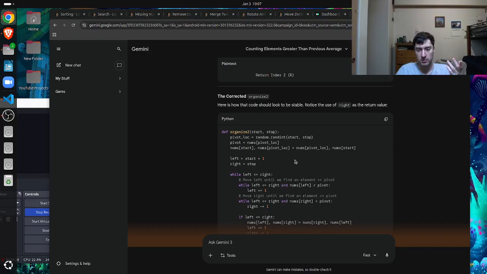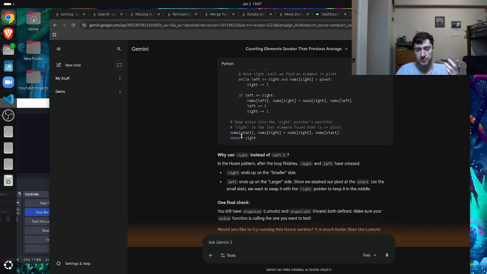What did I do? Notice the use of right as the return value, on the smaller side.